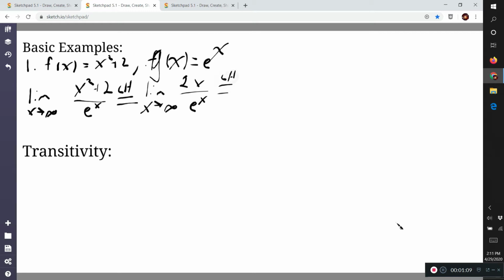So we would have to apply L'Hopital's rule again, and we're going to get 2 over e to the x, which would be 0, because e to the x is infinity there, 2 over infinity is 0. This means that the bottom function won. So that means e to the x grows faster than x squared plus 2.